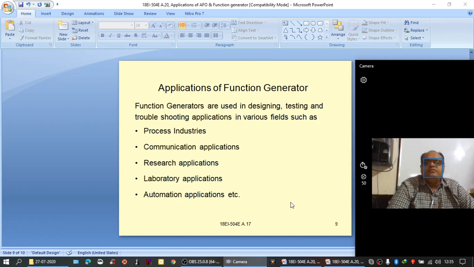For testing the automation unit, we use external input signals from the function generator. And when the results of the testing are satisfactory enough, then we go for real-time application of the automation units in automation applications.